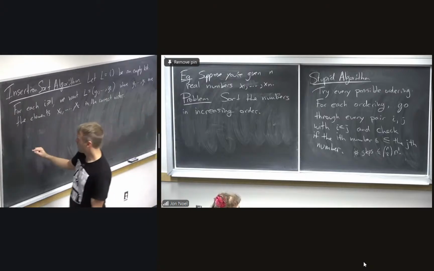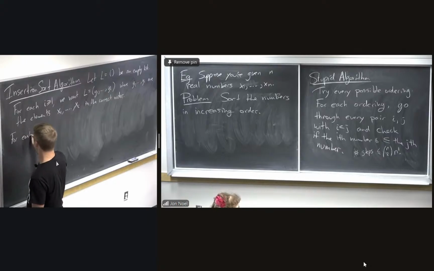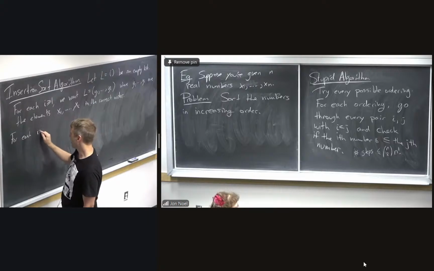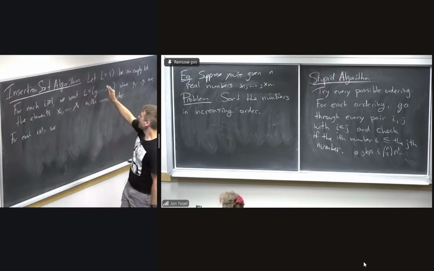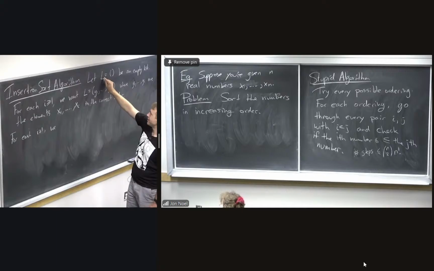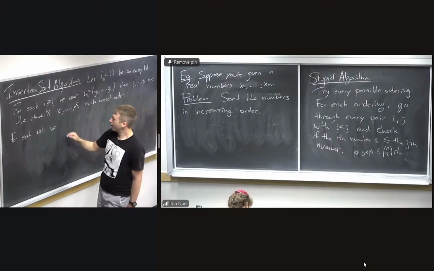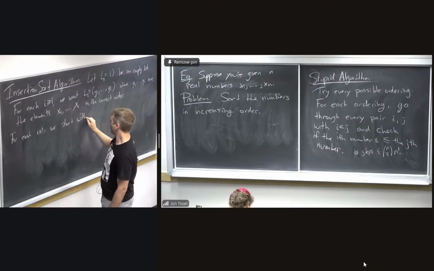So for each i, actually maybe let's put some indices here. I'll call the first list, the initial list, L0. I'll call the ith list Li. So we start with Li minus 1.